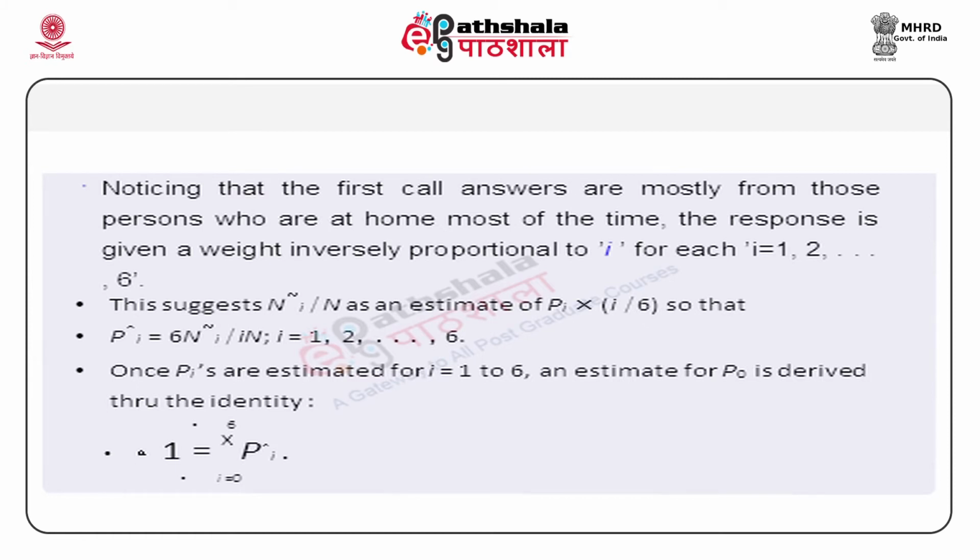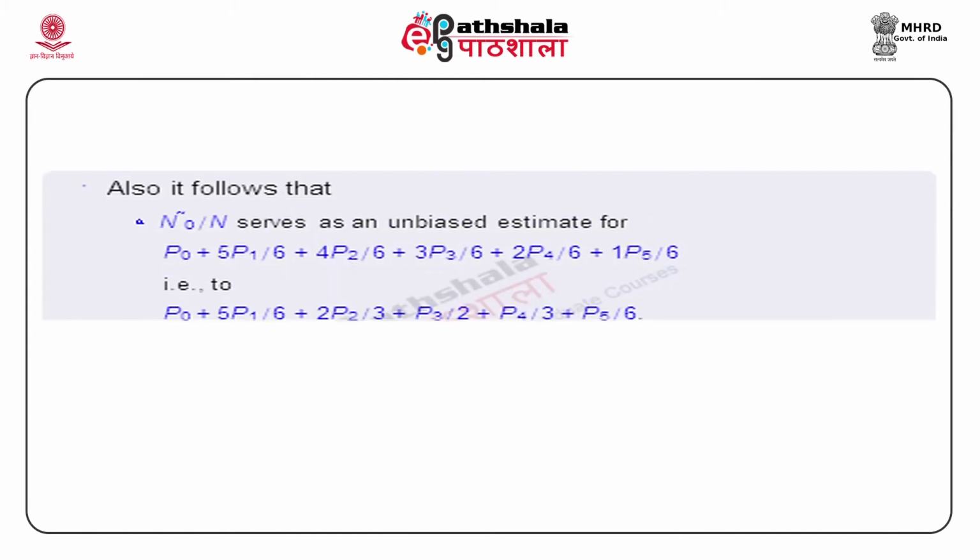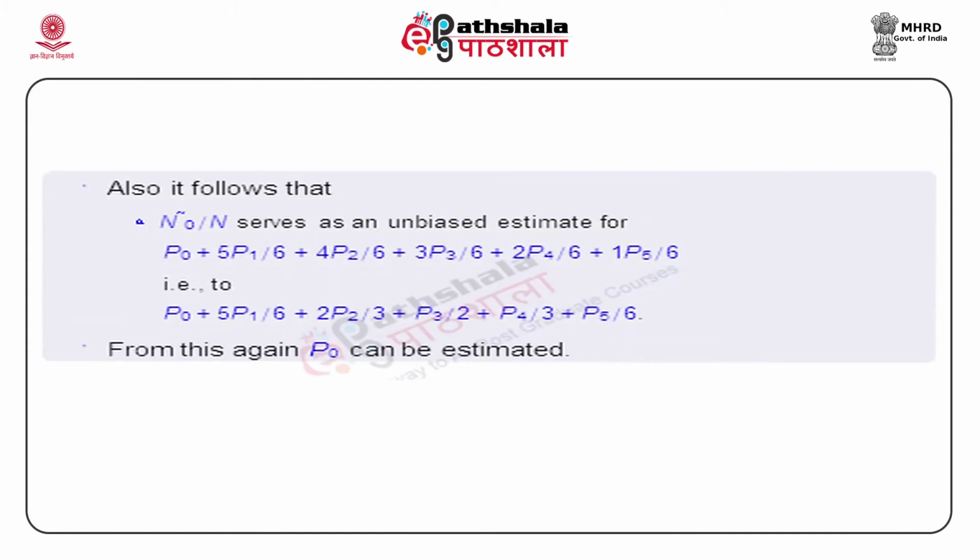This is the expression for which N0 tilde over N serves as an unbiased estimate: P0, who are never available, plus 5/6 of P1. P1 is all those who are available on one day, and 5 over 6 is the chance of no show on a randomly chosen day.